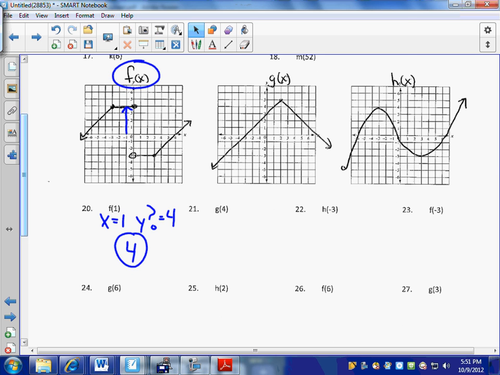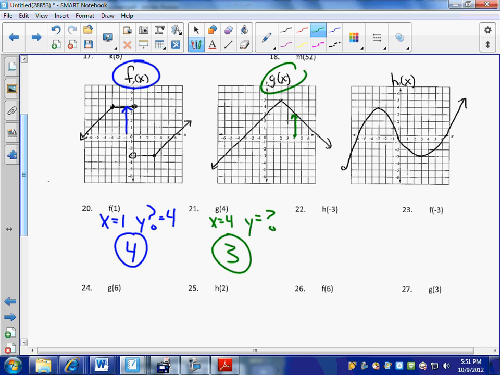Let's try g of 4. So if x is equal to 4, what's the y value? If I plug in 4, the function has a height of 3.